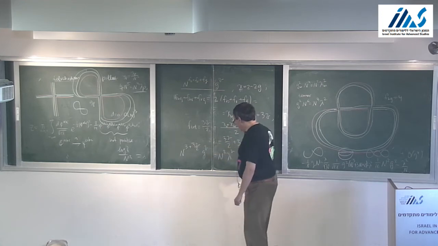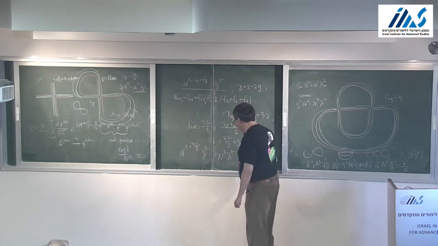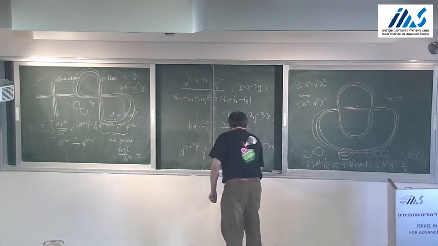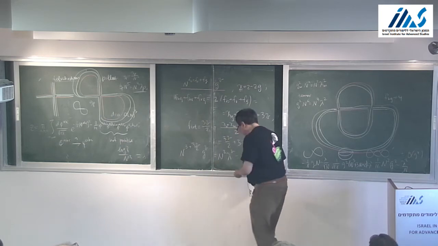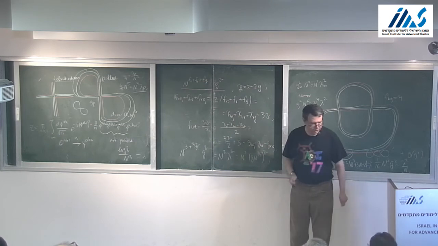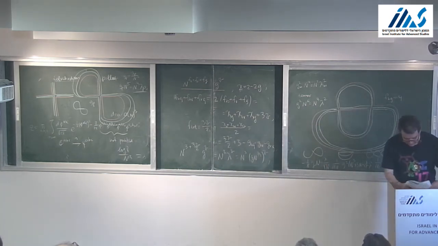It's G n to the 3 halves V. Right, this is n cubed times G n to the 3 halves, all to the power V. So I basically showed that with this tetrahedral vertex, nothing is going to beat this graph.